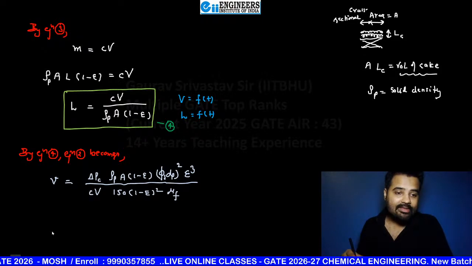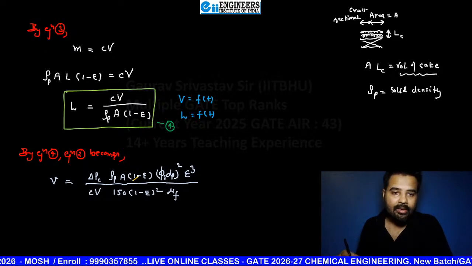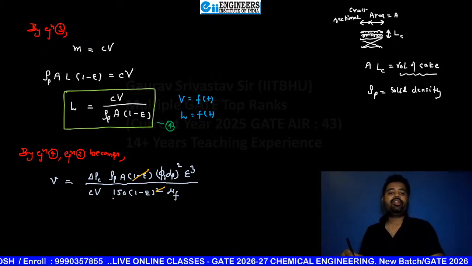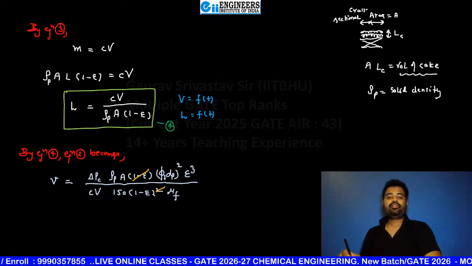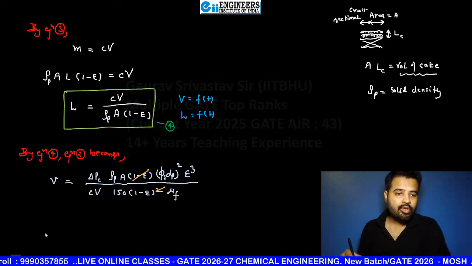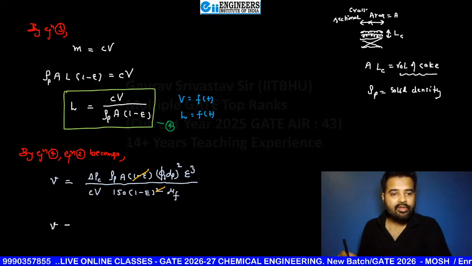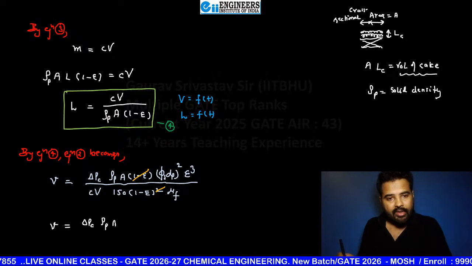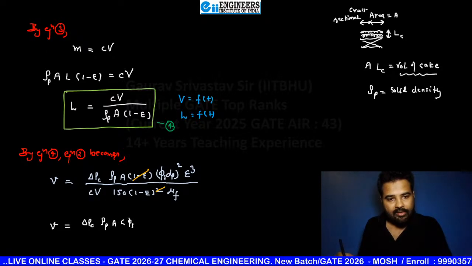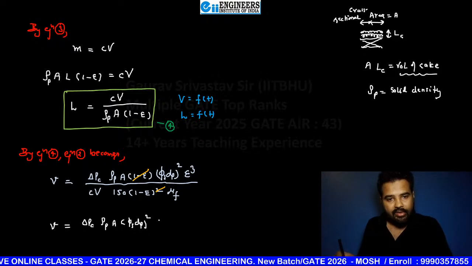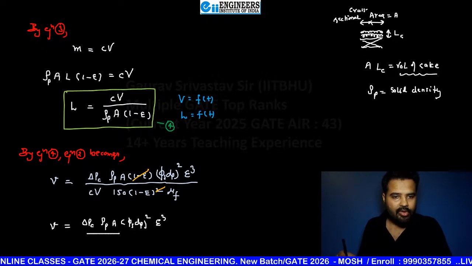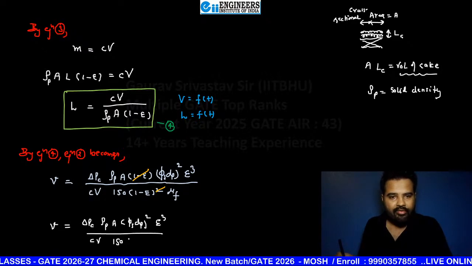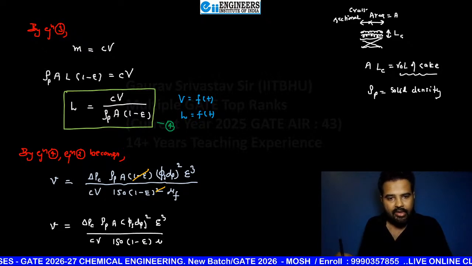Something is going to cancel here, beta. क्या cancel हो रहा है? 1 minus epsilon cancels with this square. Anything else you can check? 150 no, mu no, cv no. So finally you can write it as V is equal to delta P C rho P A phi s dP square epsilon cube and whole upon c V 150 1 minus epsilon into mu f.